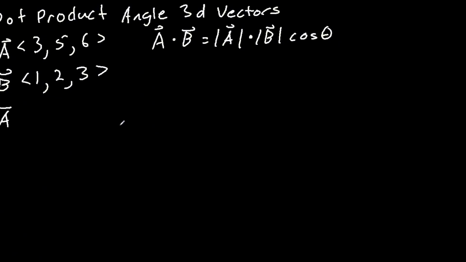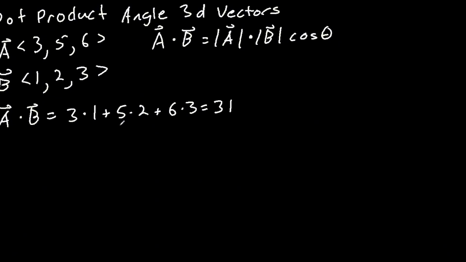Dot product between A and B is, it's actually a scalar value, so it's not a vector. So 3 times 1 plus 5 times 2 plus 6 times 3. All this simplified is 3 plus 10, 13. 13 plus 18 is 31.